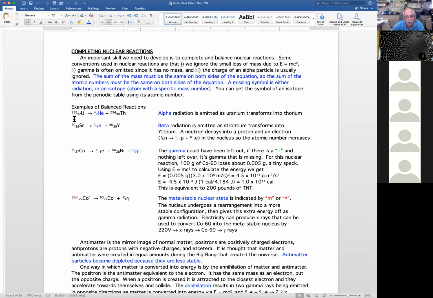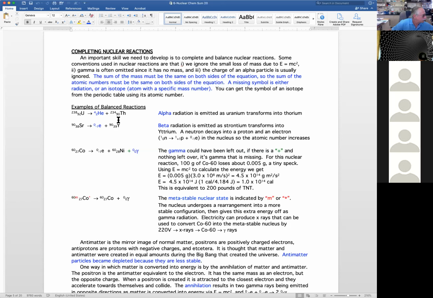So what if I was giving you this right here, and I didn't give you this? How would I find out what's missing over here? Well, 92 has to be equal to 2 plus something. Well, that something has to be 90.